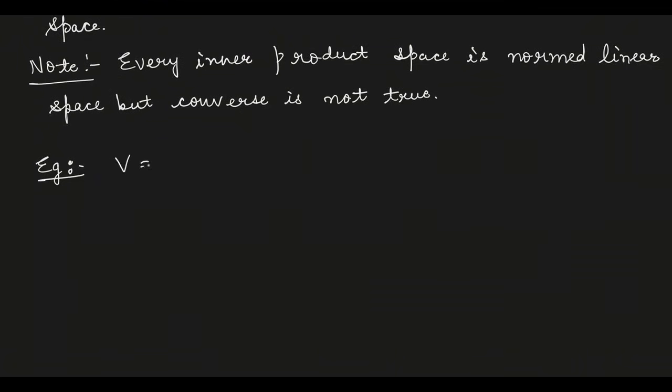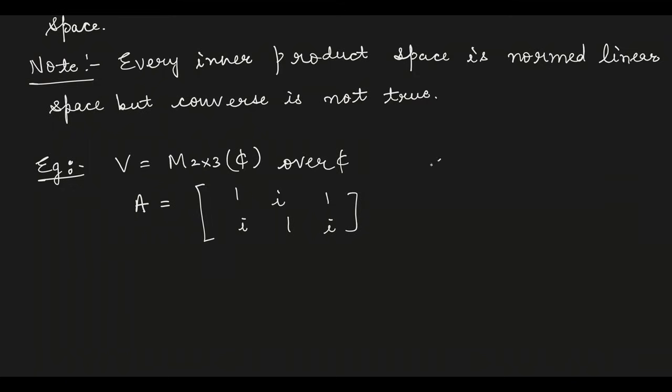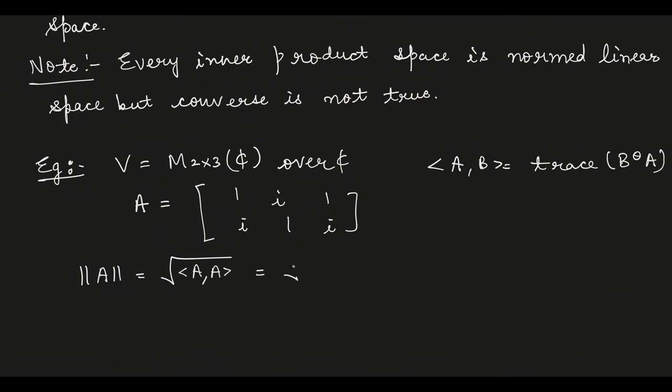If I take V as M 2 cross 3 over C, field is also C, and matrix A is [1 iota, iota 1, 1 iota], and I am defining inner product as trace of B theta A. Now I need to find norm of A, means square root of inner product of A comma A. This will be under root trace of A theta A. Firstly, we will find A theta. It will be the transpose conjugate.